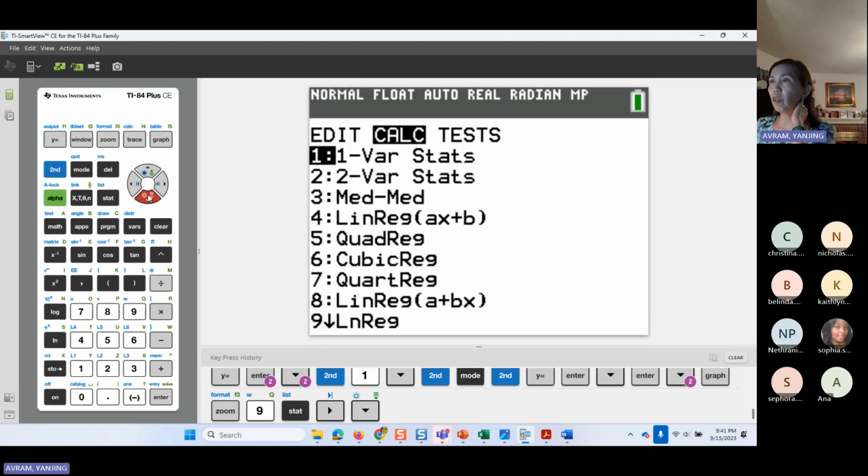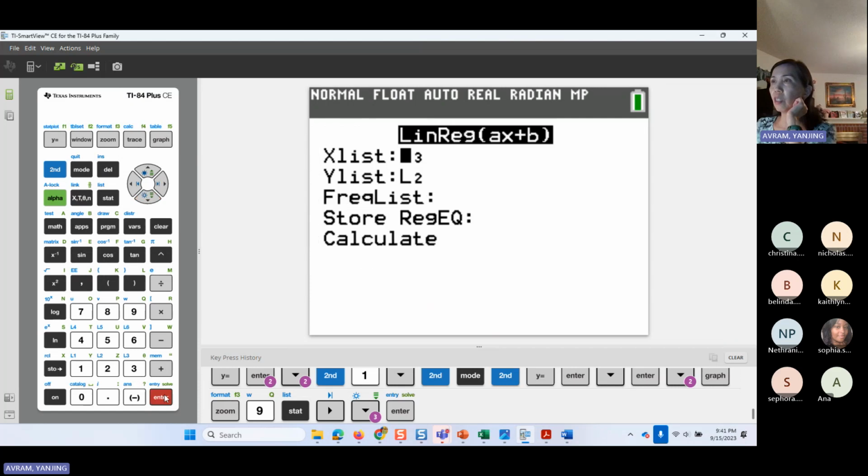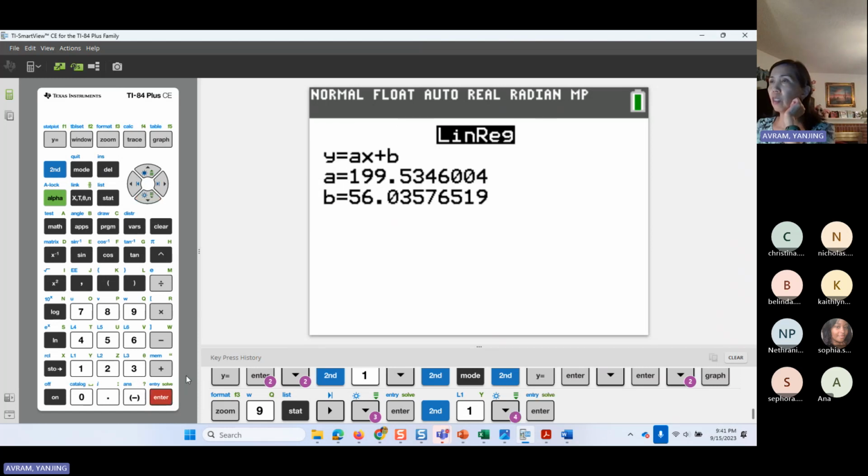We're going to use number 4, linear regression equation, because that's the one we're using for linear. My X list should be L1, okay, and my Y list is L2. All right, so we're just going to hit calculate. This is giving you the linear regression coefficients, y equals ax plus b, which is our second section, the one we're going to try to find.